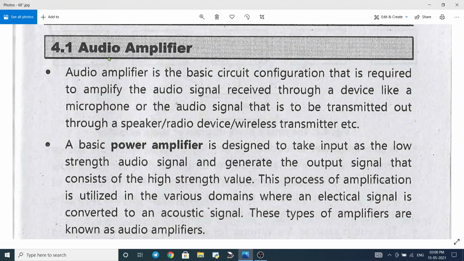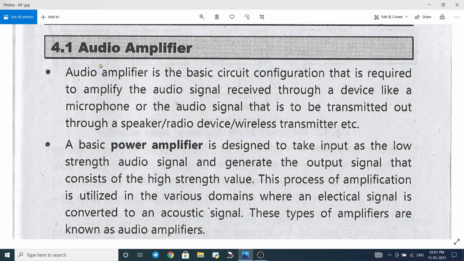We know the term audio amplifier. Audio amplifier is a circuit which is specially designed to amplify the signal in audio frequency range. We know the audio frequency range, that is 20 Hz to 20 kilohertz.